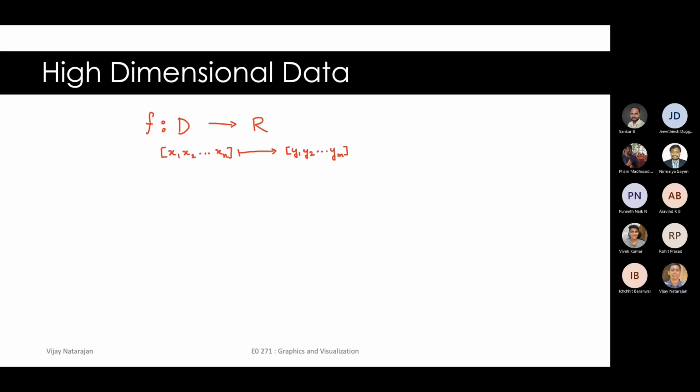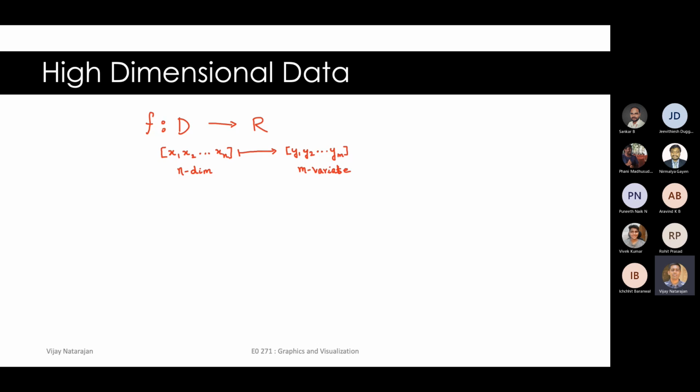So we call the data n-dimensional based on the domain, right? And we call this data to be m-variate because there are m values. So if m is 1, then it's univariate.